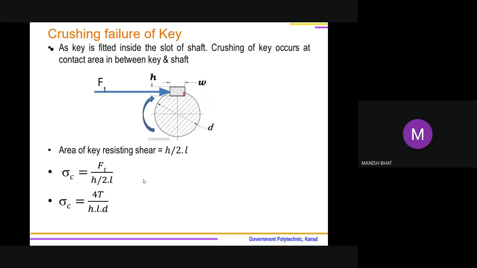I'm sorry, height of key is taken as d upon 6, and width is taken as d upon 4. Width is larger, it is taken as d upon 4, and height is taken as d upon 6. H is equal to d by 6, and W is equal to d by 4.